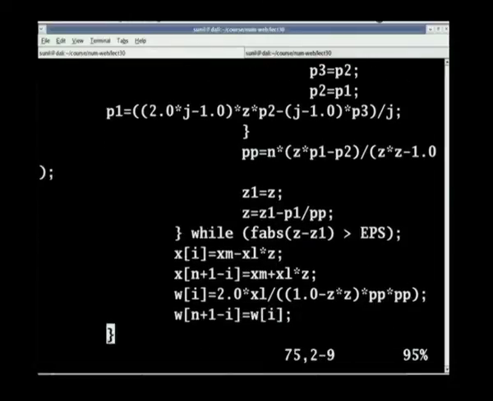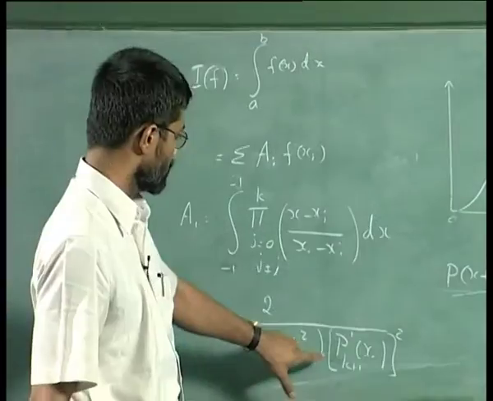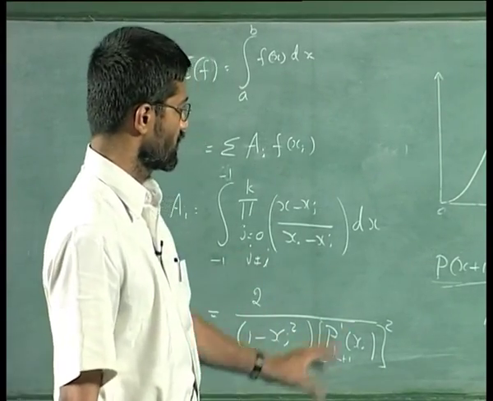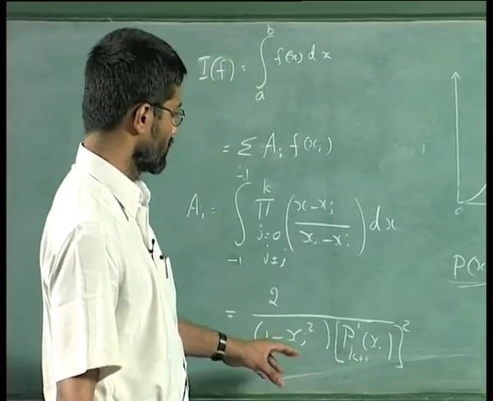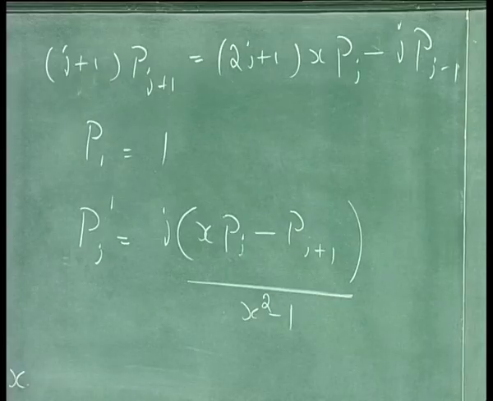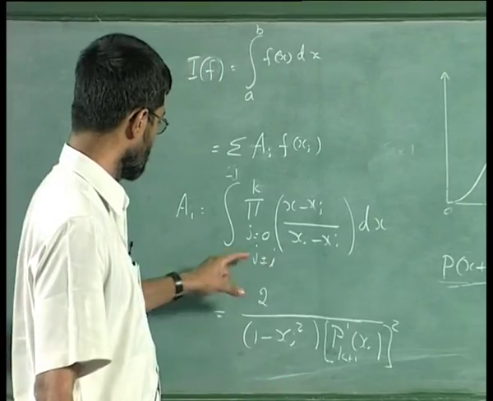Okay, so now the zeros are tabulated here for different values. Okay, and the corresponding weights are then calculated using this formula, that is 2 by 1 minus xi square into p prime. So once I get the p prime and the p, this is pretty simple. Okay, once I got the zeros and the polynomial derivative in that form, then it is extremely simple. I can write that down as the weights.